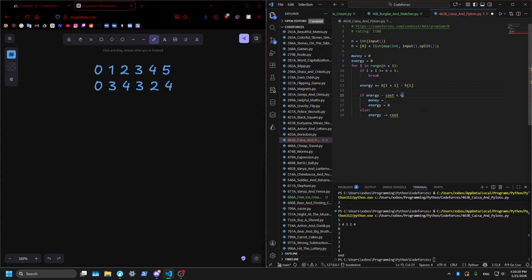If energy is less than 0, money plus equals energy, and set energy to 0. Energy is negative here, so abs energy. Set energy to 0. Else, no else, right? And then print money.